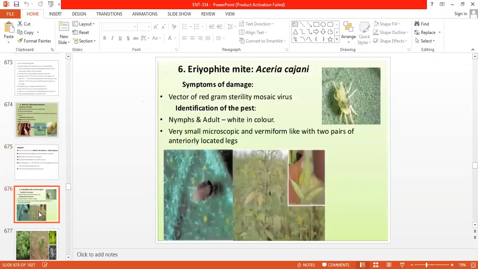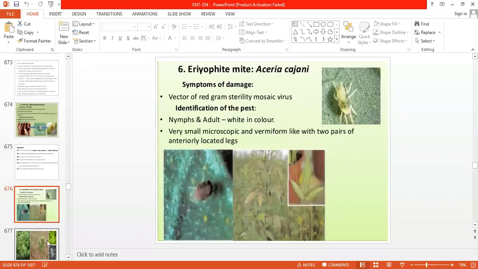The next major pest is the non-insect pest, mites, eriophyid mites. Eriophyid mites are a major pest of pulses. They also act as a vector of red gram sterility mosaic virus, Aceria cajani. Nymphs and adults are whitish in color, very small, microscopic, vermiform in shape, with two pairs of anteriorly located legs.